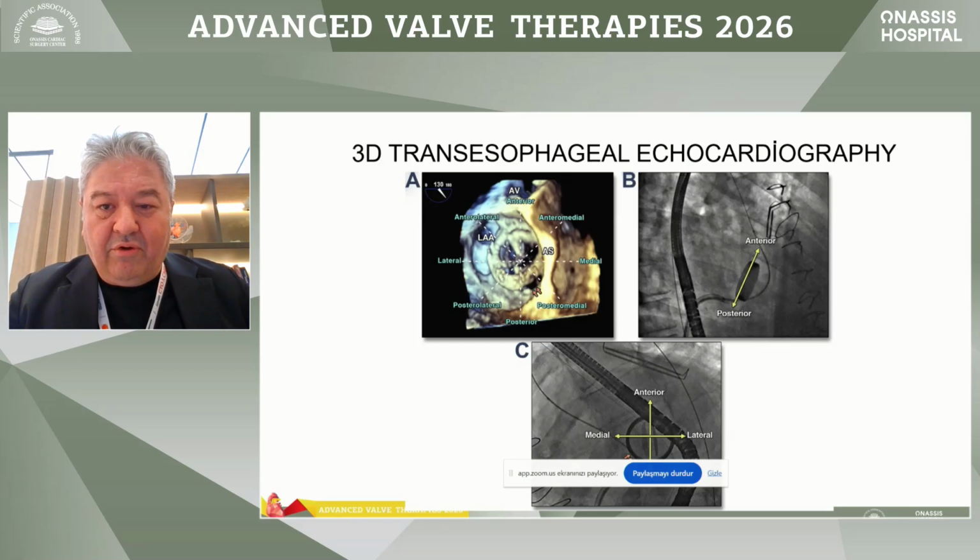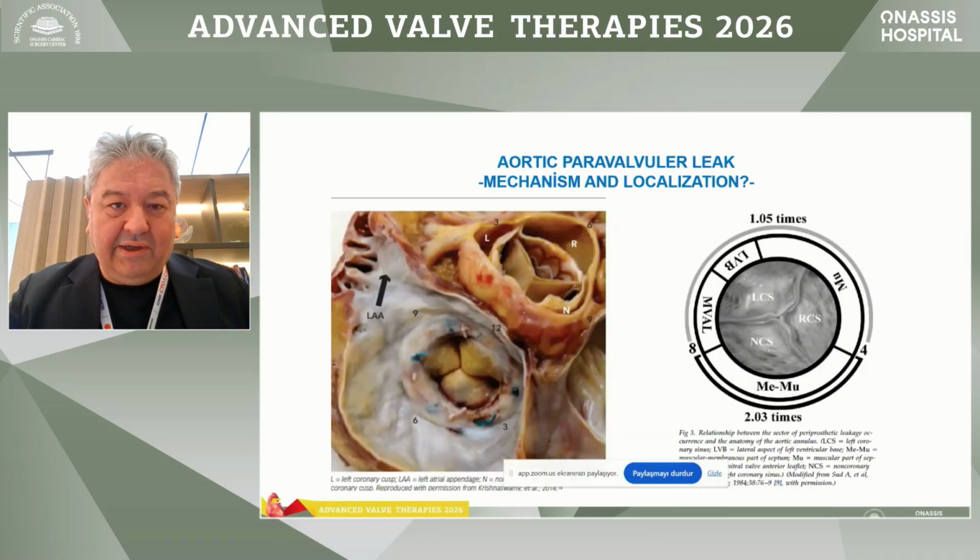And the right anterior oblique view of the fluoroscopy is very important, and the left anterior oblique caudal view is the mirror of the 3D transesophageal echocardiographic view. So this classification is very useful for crossing and closing the mitral paravalvular leak.